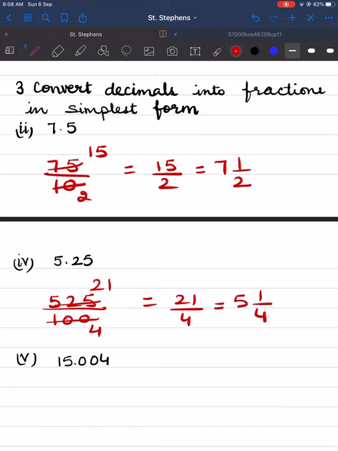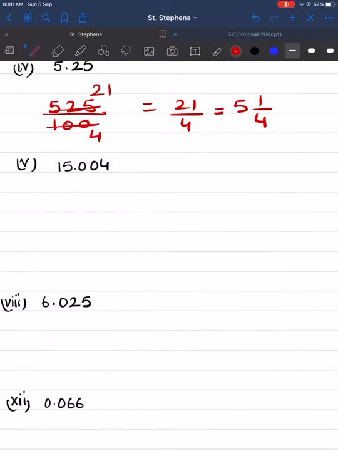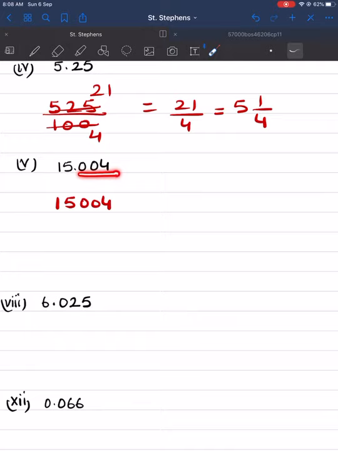Fifth part, 15.004. Here numerator is 15,004. Now there are three decimal places in the number, so we write 1000 in the denominator. Now here 4 is the common factor, so let's cancel out. So here we get 3751 and in the denominator we get 250.